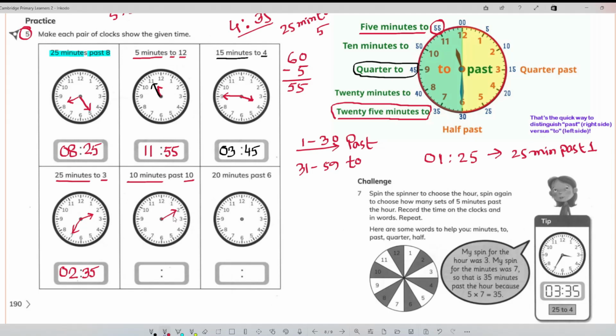The minute hand we can make longer, and the hour hand should be shorter. So we can write 10:10. And next one, 20 minutes past 6. So 6:20. 6 is our hour and 20 is our minute. Okay, done.